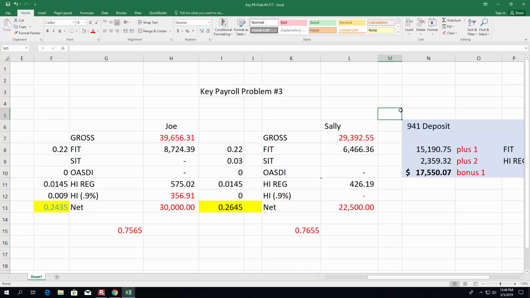So this is the last of our payroll practice problems. The intention of these is to bring together everything that we've learned, because one of the outcomes from this class is that you can actually do a payroll and make a deposit. So, please tell me what you got. Put your name on it and pass them over this way.